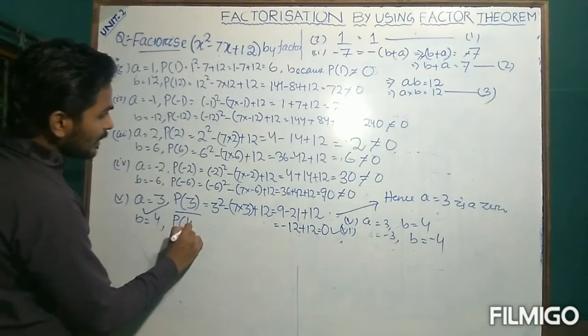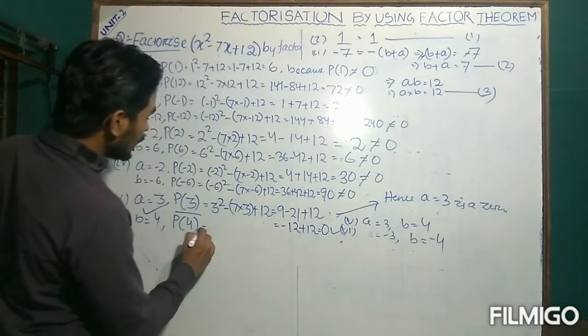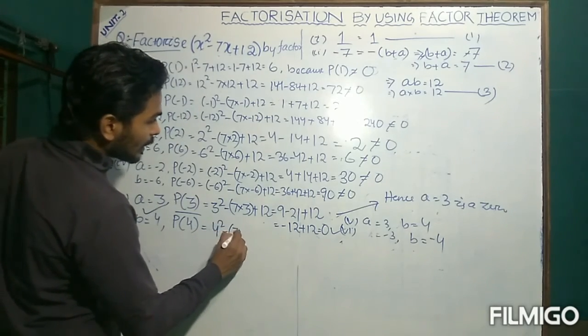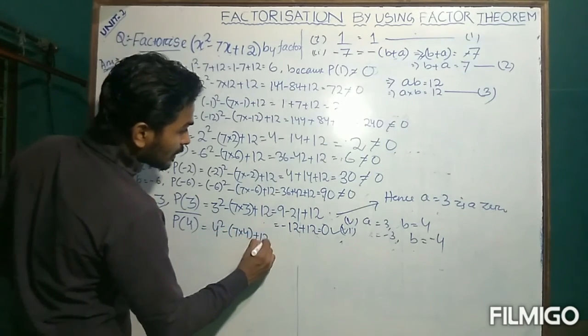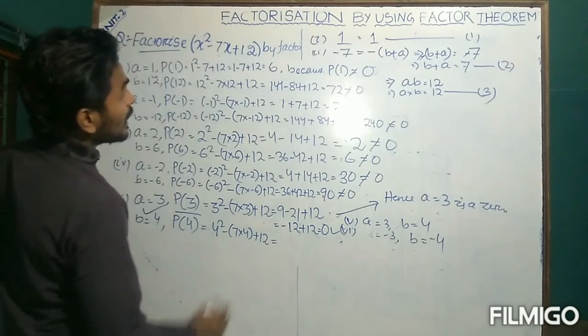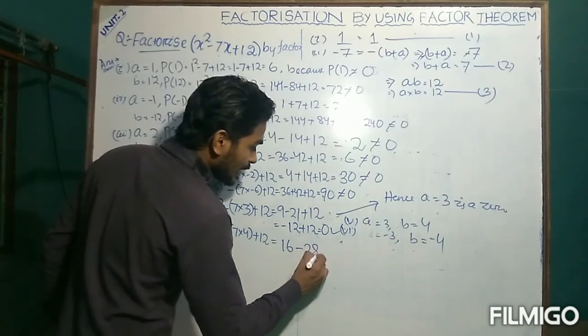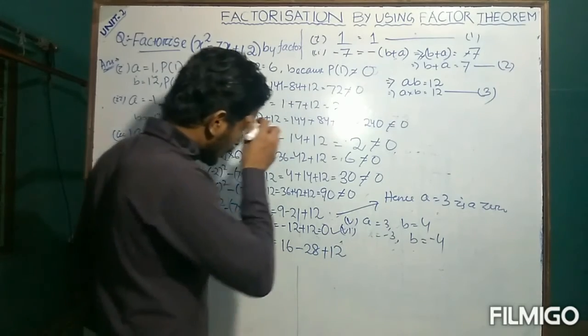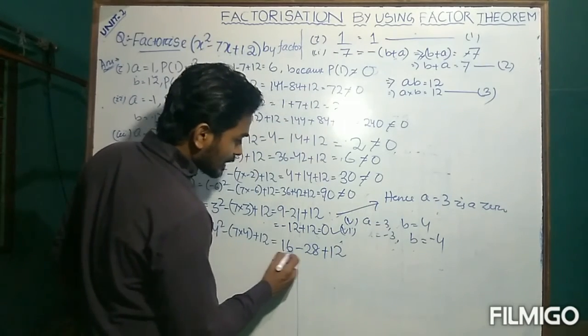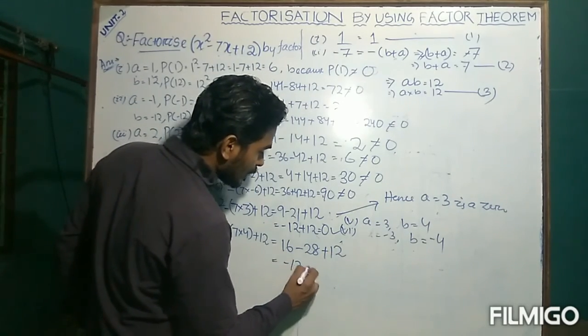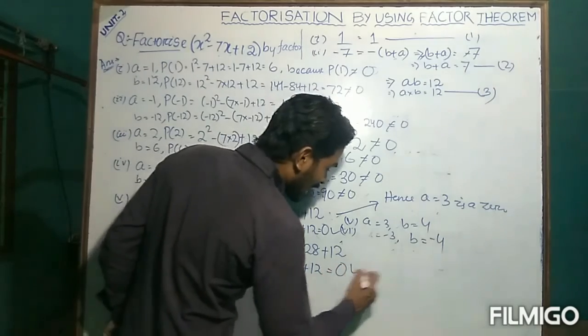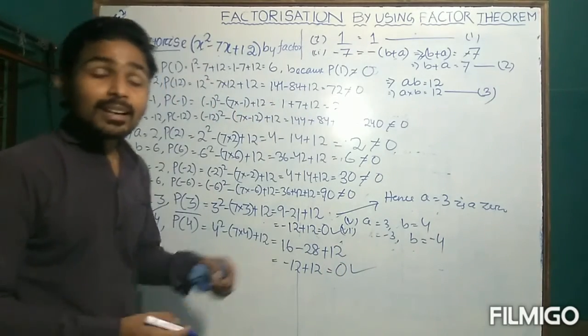Now we need to find p of 4. It will be 4 square minus 7 into 4 plus 12, is equal to 4 square is 16 minus 7 4 is 28 plus 12. Hence 16 minus 28 is minus 12 plus 12 is equal to 0. Then again we will get 0 as the remainder.